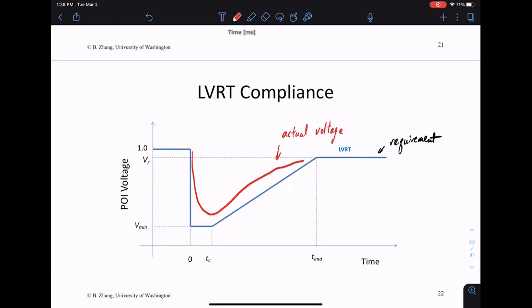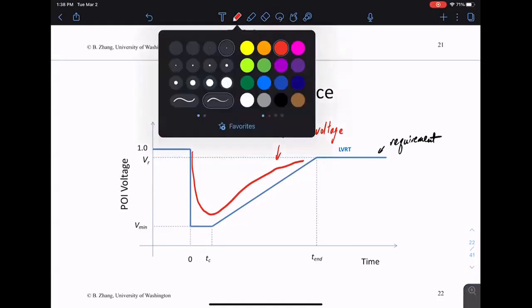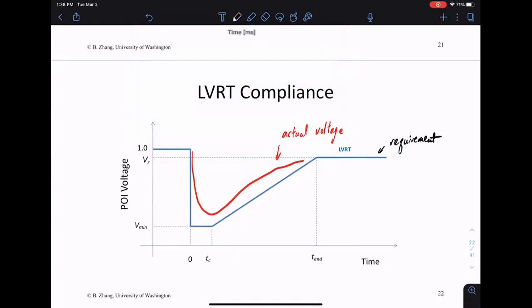So the fault wasn't that bad. You did not go to the minimum, and you recovered. You recovered, then you slowly rise. This means the turbine has to stay on for this kind of rising. So if the actual voltage at your terminal looks something like this, you have to ride through this.